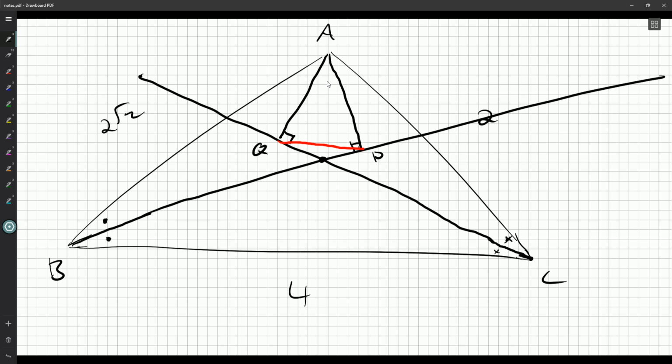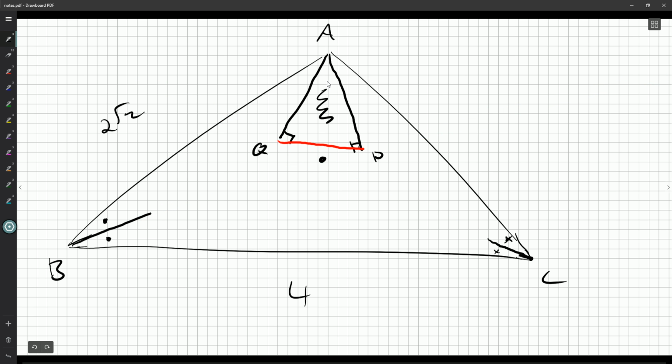Now the fact that I got this little triangle APQ up top, maybe we can work with it, but I don't quite know how to get to the side lengths involved here. I'm just going to shorten these. And I don't know if I need this intersection point here. We'll remove it for now. But okay, so that's the idea.